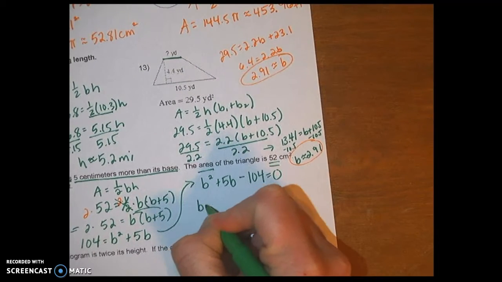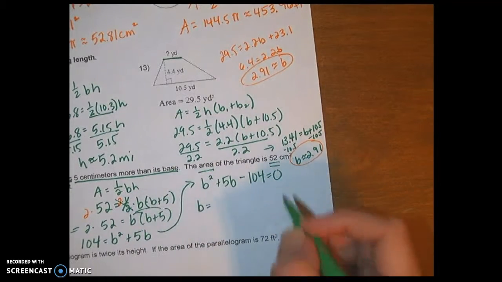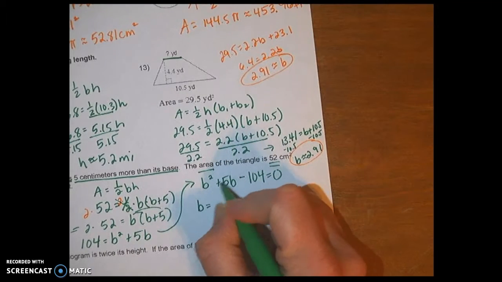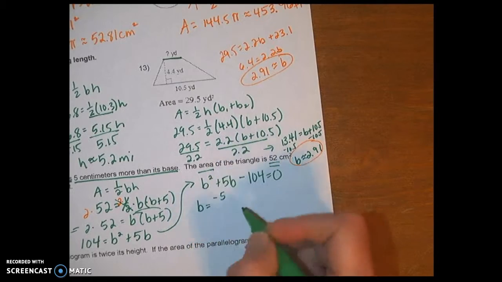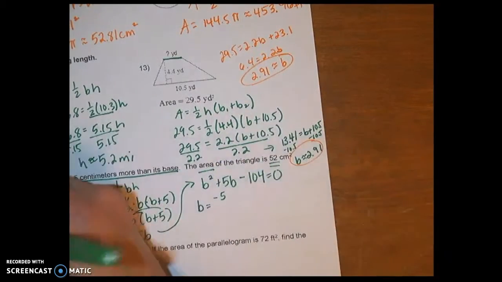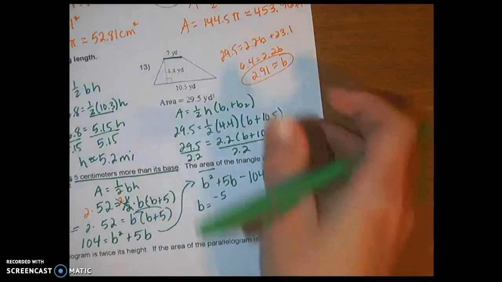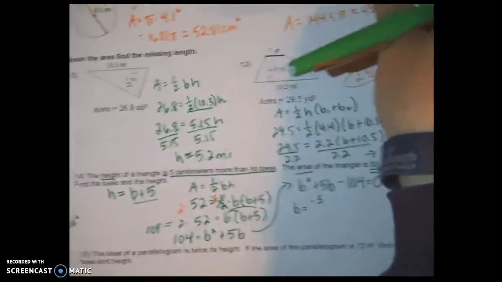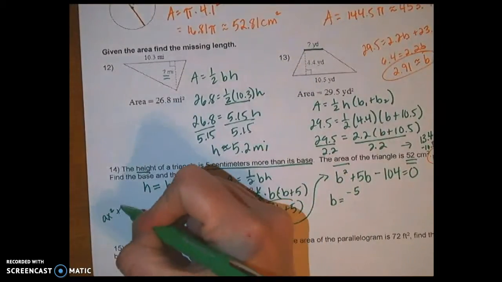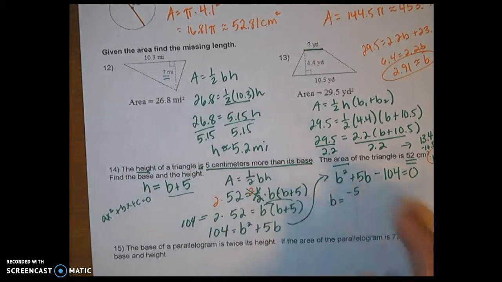So in this case, b equals, or x equals, the opposite of b, which is -5, because remember, a quadratic is ax squared plus bx plus c equals 0.